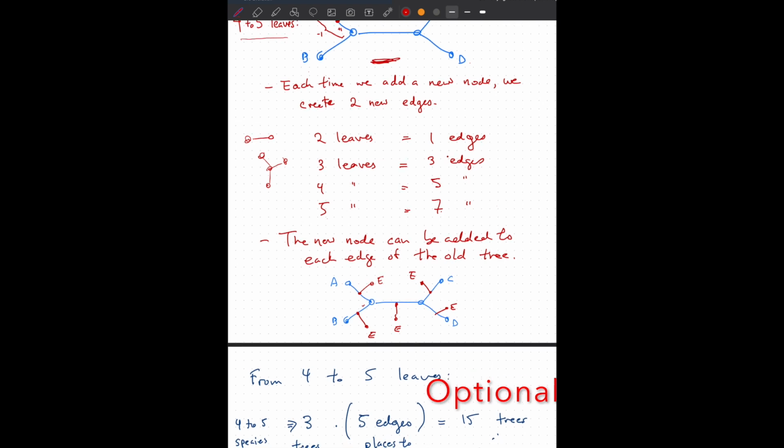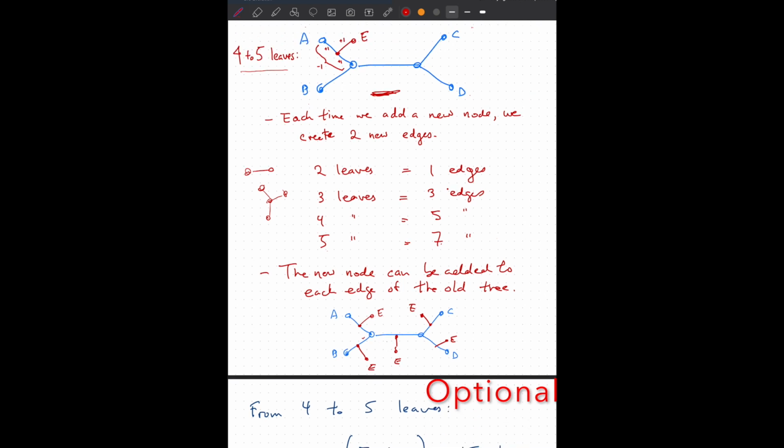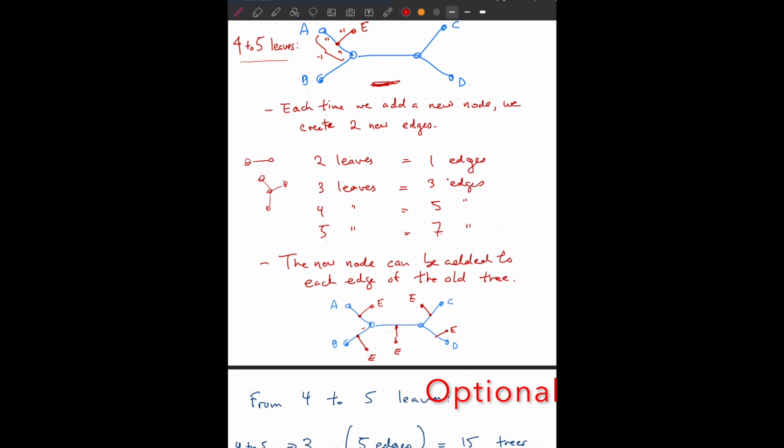now, the new node can be added to each edge of the tree. So those are the properties. When I add a new node, I add 2 new edges. That's property 1. In total, I have n plus 2 edges if I have n leaves, and there are as many ways to add the new node as there are edges in the old tree.